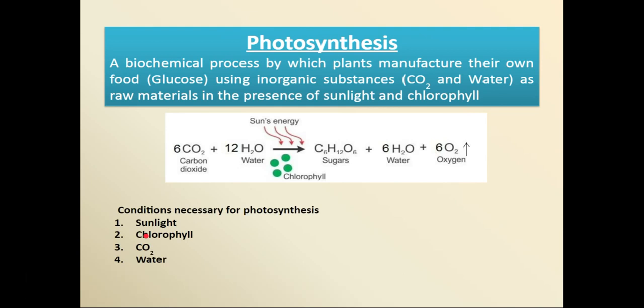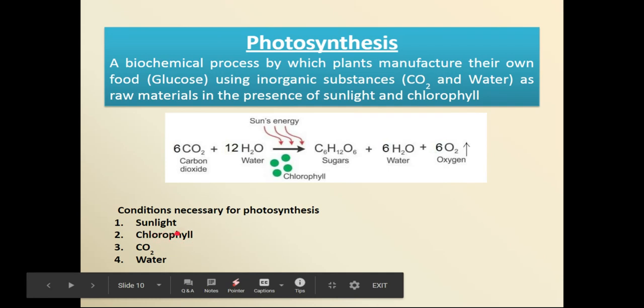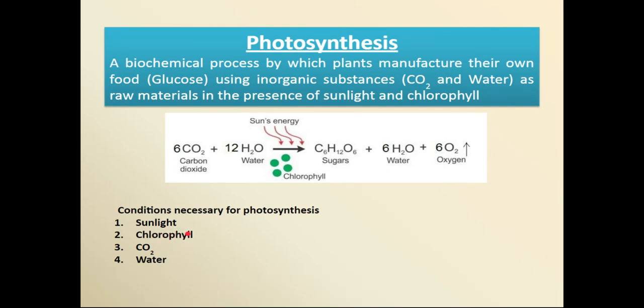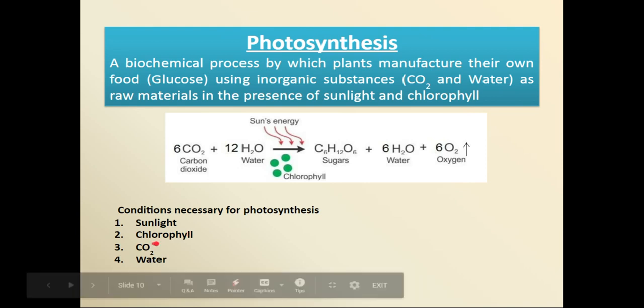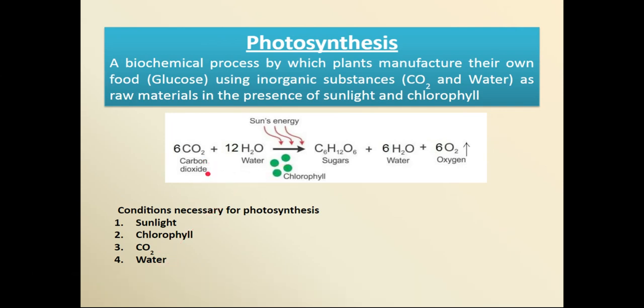Absorption of sunlight is done by chlorophyll only. Chlorophyll is a pigment responsible for trapping sunlight. So the raw materials for photosynthesis are CO2 and water. You can observe this from the equation as well.